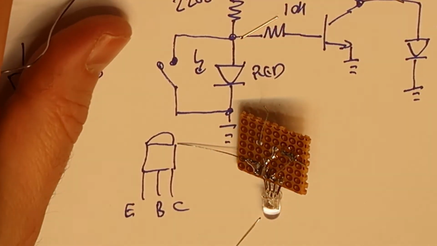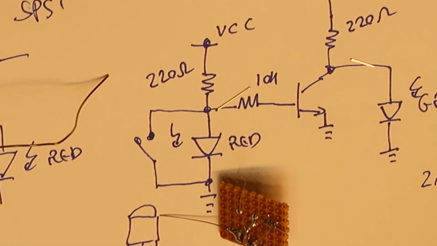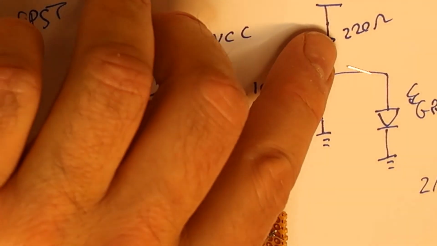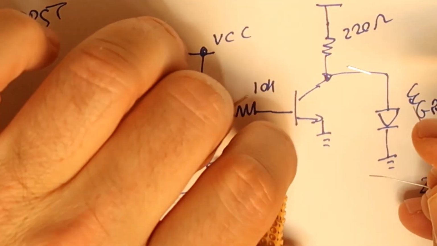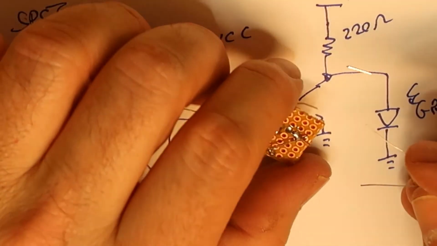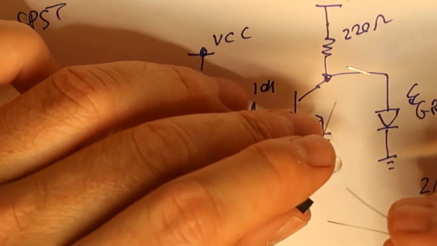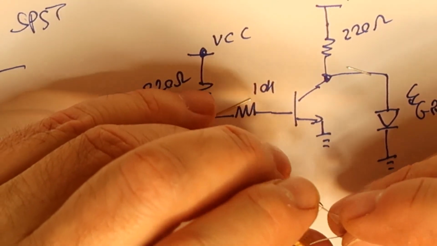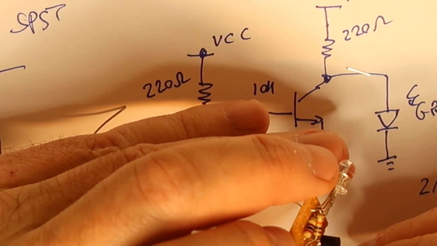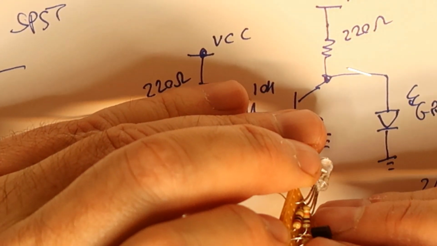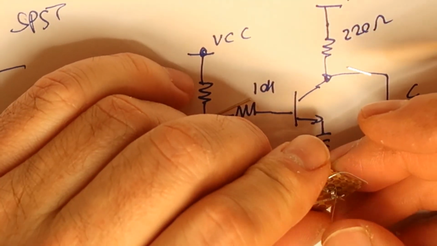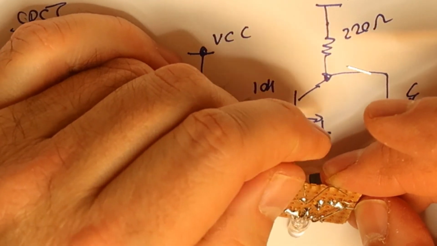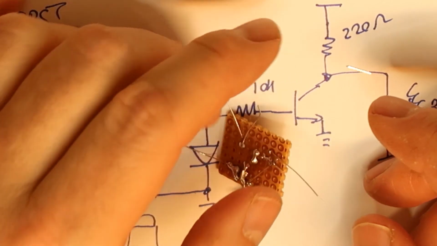The resistor is here, this resistor. So this is what I'm going to do. Connect from the collector here to the VCC, which is here. And this is the last connection, and everything should be okay and working now.